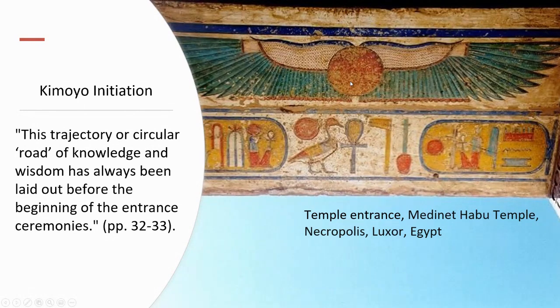You're entering a place of initiation. You're following the path of the sun. And so we have this same kind of symbolism in Bakongo as told to us by Fukiao. This trajectory or circular road of knowledge and wisdom has always been laid out before the beginning of the entrance ceremonies.